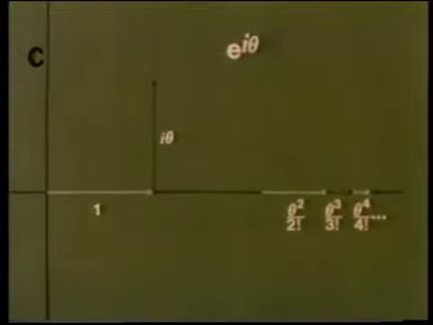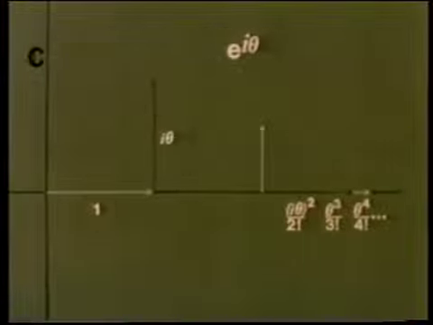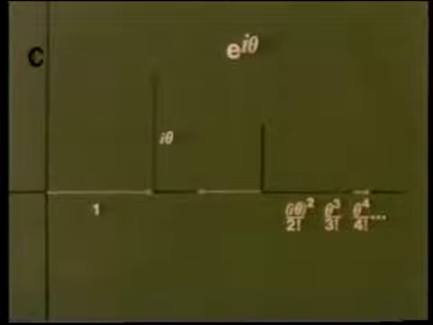What about the next term? We've already got the magnitude, theta squared over 2 factorial. I just changes the direction, and I squared is -1. So it's this term that must be added to the series.